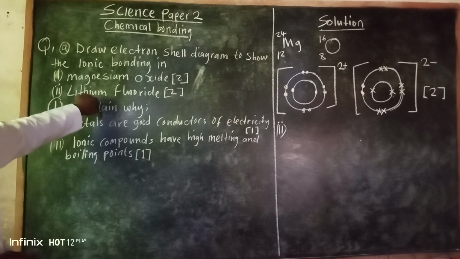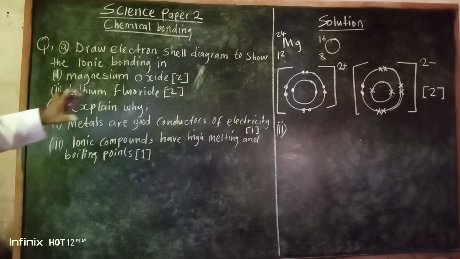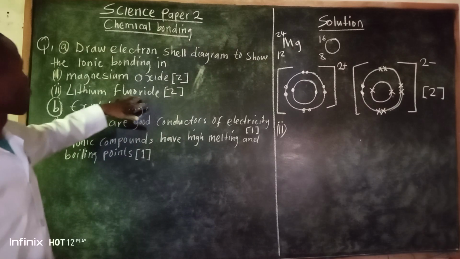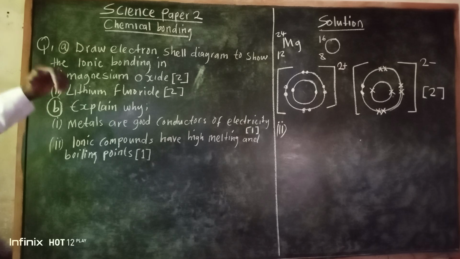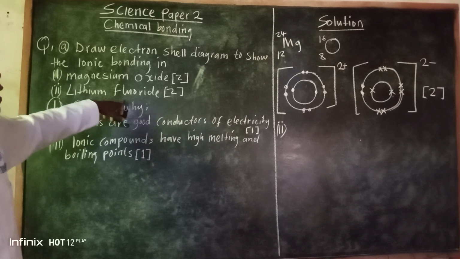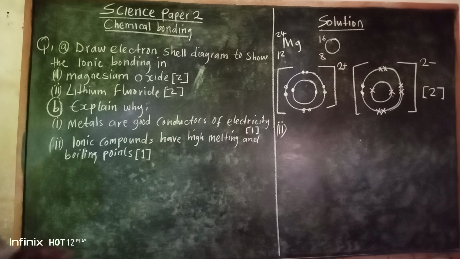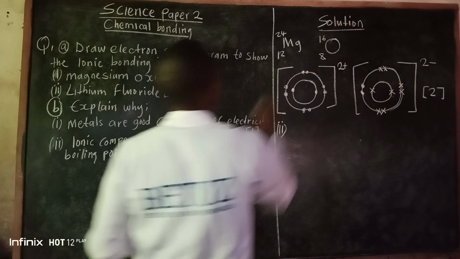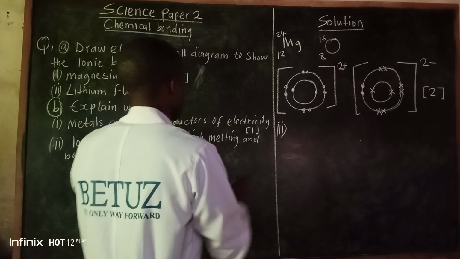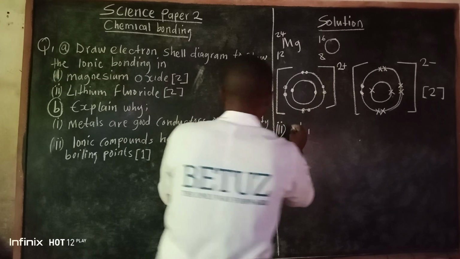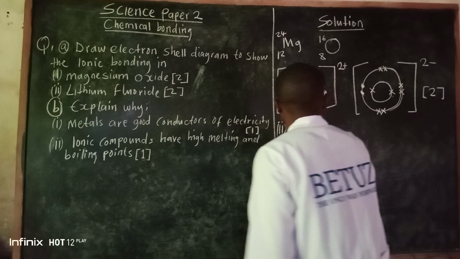Lithium has got an atomic number of 3 and a mass number of 7. Fluorine has got a mass number of 19 and an atomic number of 9. Let us indicate that, like what we did on the first question. We are going to say lithium: this is the chemical symbol for lithium, 7.